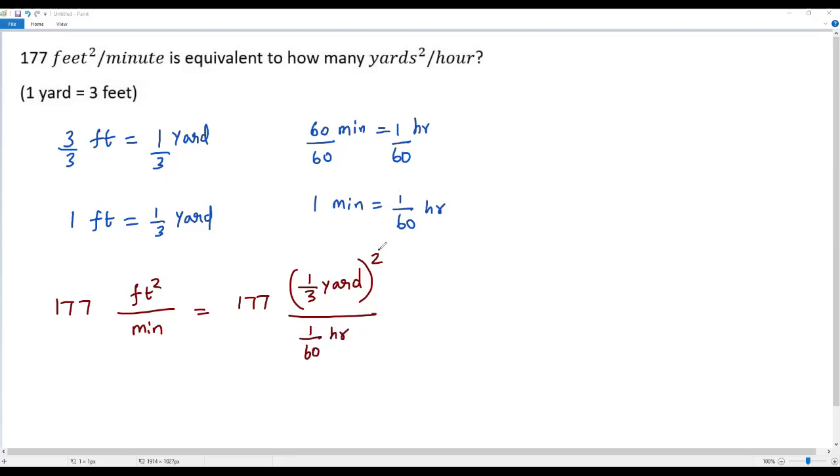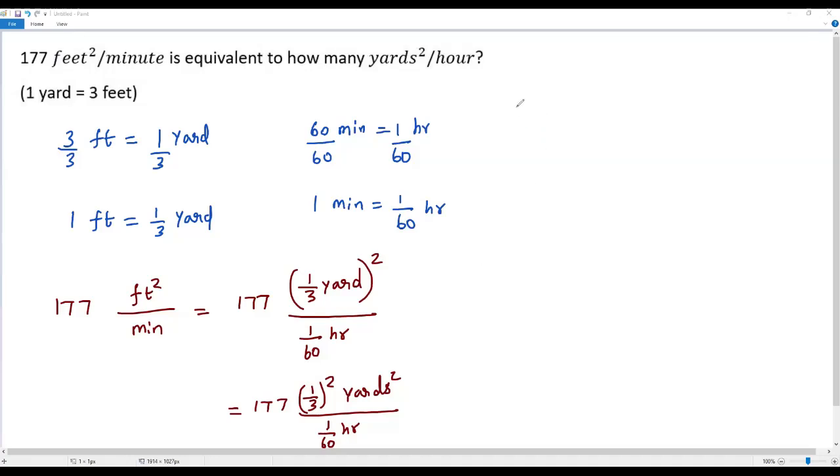Now we have the common exponent 2 for this 1/3 and yard. Since this exponent 2 is common for 1/3 and yard, it can be taken separately for 1/3 and yard. When I do so, I get 177 times 1 over 3, the whole square, and when I take square for this yard, it becomes yards square. In the denominator we have this as it is, that is 1 over 60 hour.